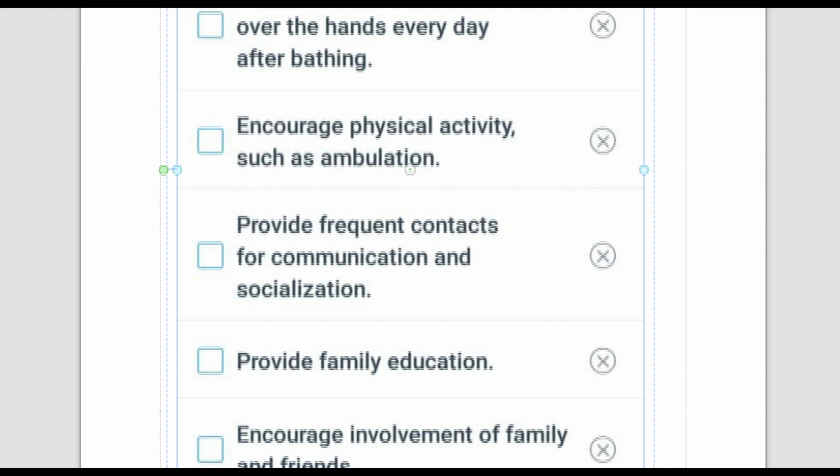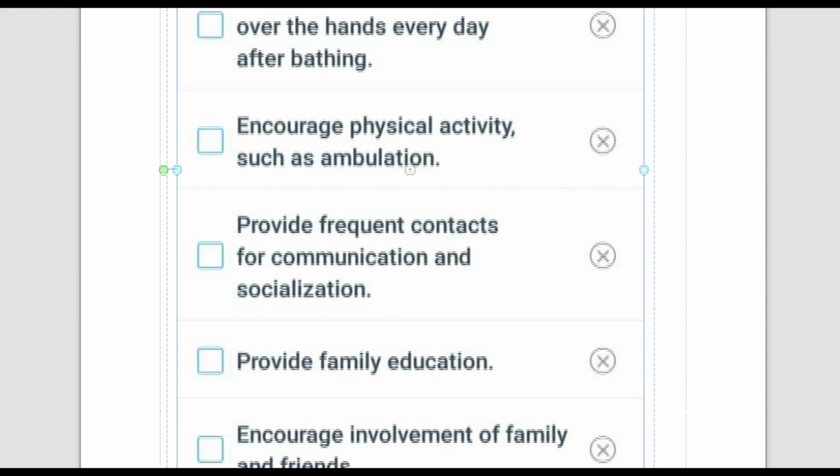Provide family education. Sure, I think I would choose this because if they are suffering from anxiety, their family and friends could be a good instrument to help them be calm, right? But the family cannot be helpful if they don't understand what they're supposed to do.